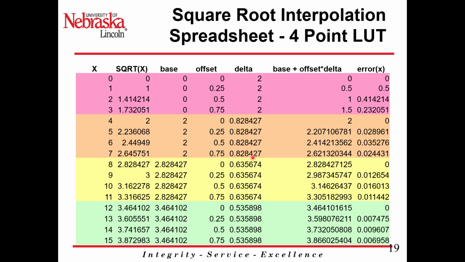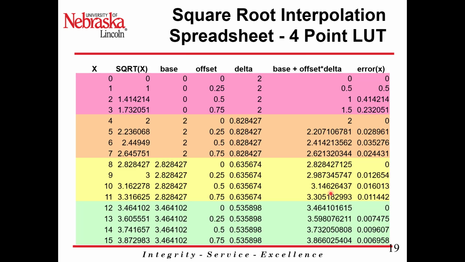Subtract that value to get the delta for each of those values. 3.46 minus 2.82, we get 0.63, and the last one, we get 0.53. So then we have the base value plus offset times delta. We multiply these two columns and add it to this column to get these final values. And the percent error, we calculate that.